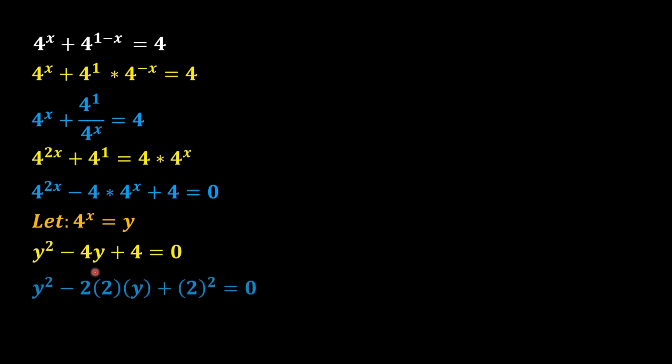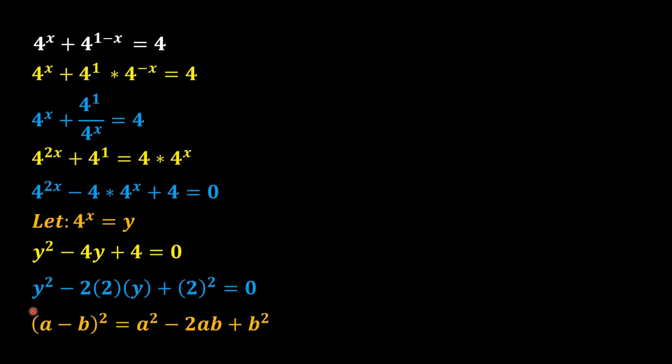Now in the next step we can see that this y^2 will remain the same, but this middle term can be broken as 2 into y, and this 4 will be converted into 2^2. We can see that this is the (a minus b) whole square formula, which is a^2 minus 2ab plus b^2.